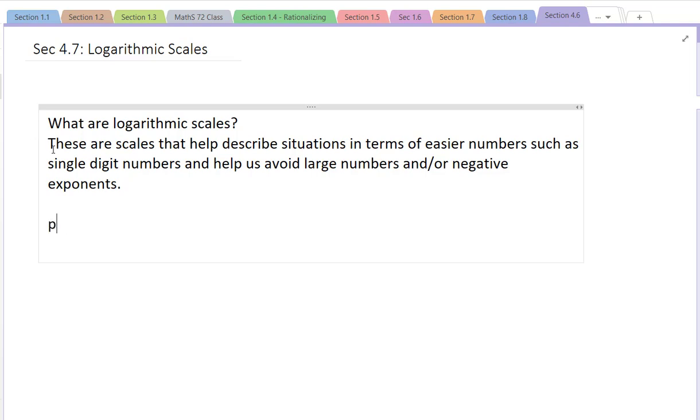So the pH scale, what does this one do? If you're taking chemistry, you may have already heard about pH. But essentially the pH measures the acidity of substances.